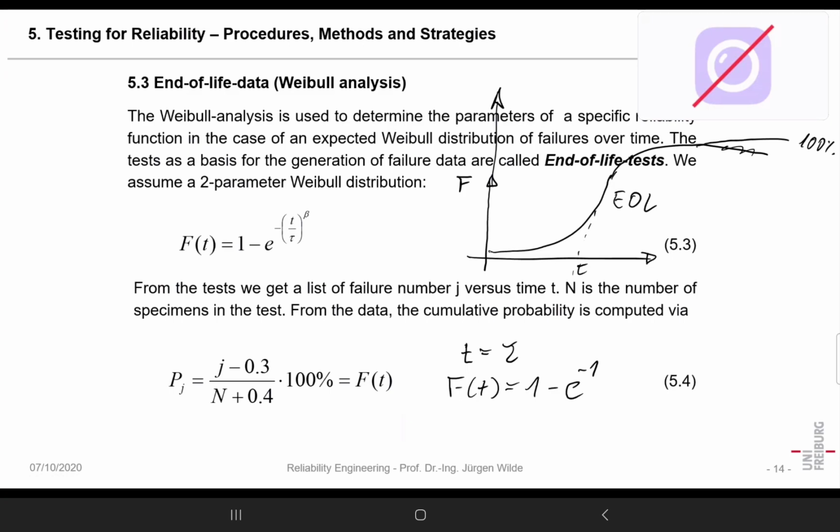E is 2.7. 1 divided by 2.7 is roughly 0.37. So f of t is roughly 0.632. I know that because I tell it every year.